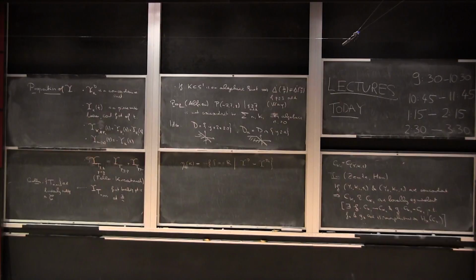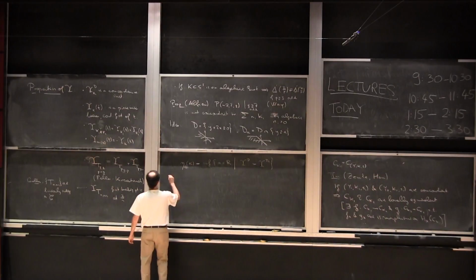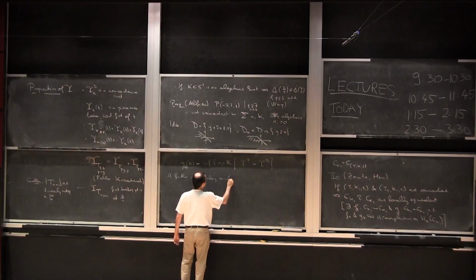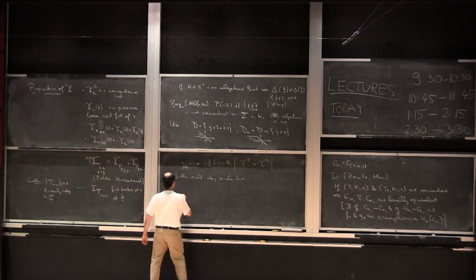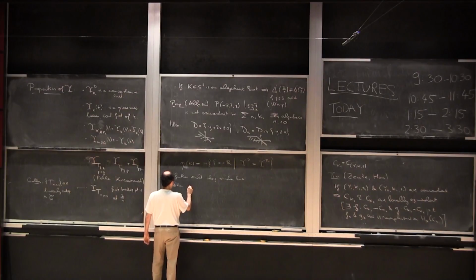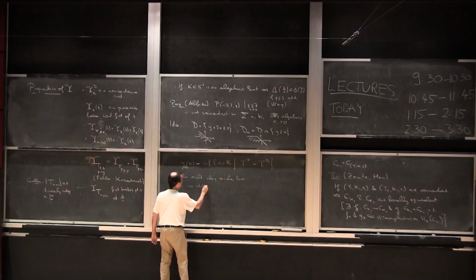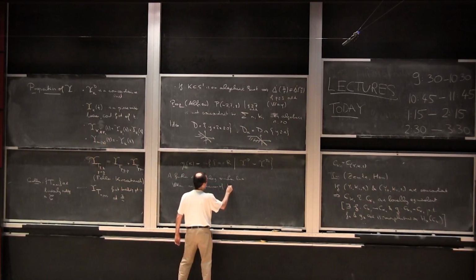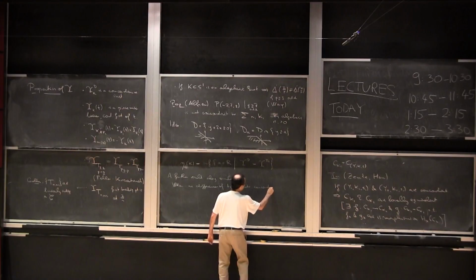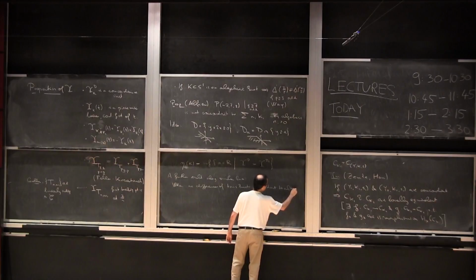For example, a further result I would like to mention, along similar lines, is that you can ask when differences of torus knots are concordant to alternating knots.